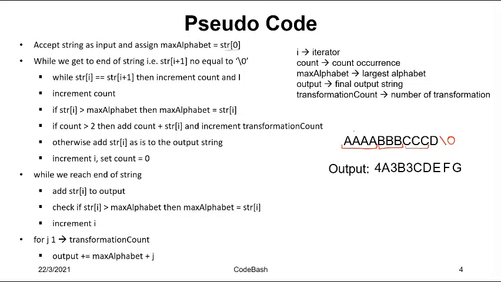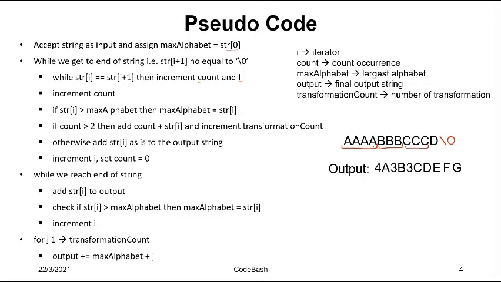So the second while loop checks the count of the consecutive alphabets, and accordingly we increment count and I. Count stores the occurrence of the character, and I is to increment the iterator.